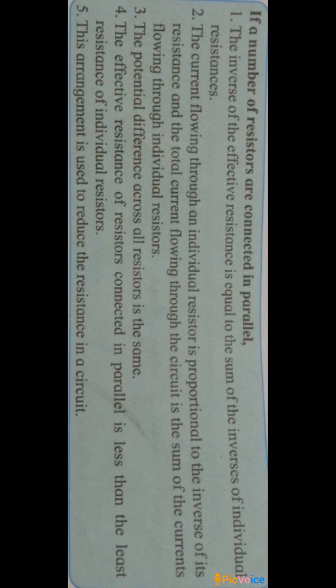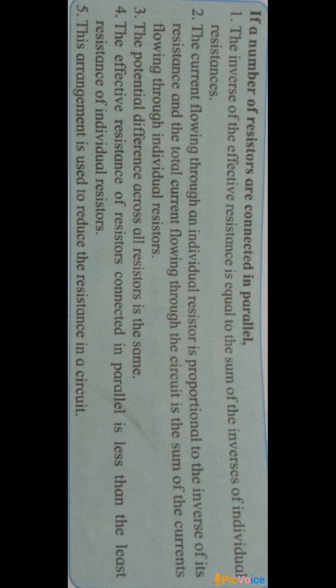When resistors are connected in parallel, they show some characteristics. Let us understand them. The first one: the inverse of the effective resistance is equal to the sum of the inverses of individual resistances. Second, the current flowing through an individual resistor is proportional to the inverse of its resistance, and the total current flowing through the circuit is the sum of the currents flowing through individual resistors.